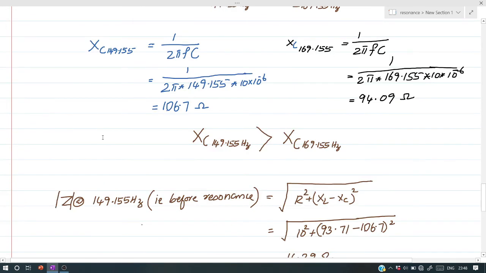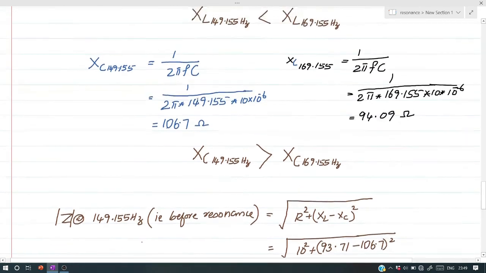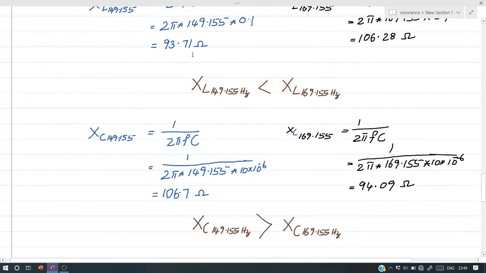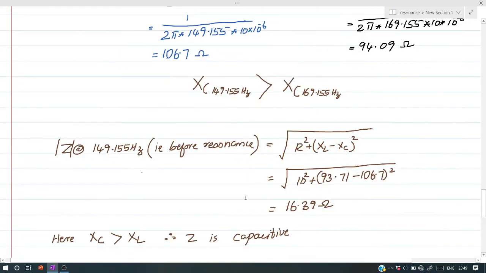Now we need to calculate the impedance corresponding to these two frequencies. First of all, let's see the impedance at the frequency before resonance frequency, that is at 149.155 Hertz. We know the magnitude of the impedance is equal to the root of R square plus XL minus XC whole square. Substituting the values of XL and XC which we got corresponding to 149.155 Hertz, that is 93.71 and 106.7 ohm, the magnitude of the impedance is obtained as 16.39 ohm.